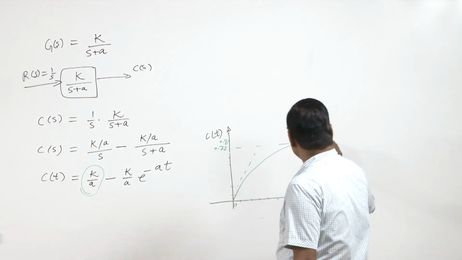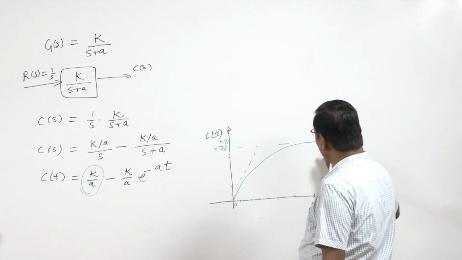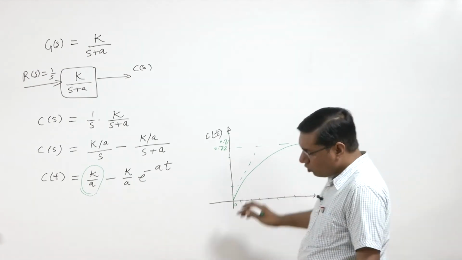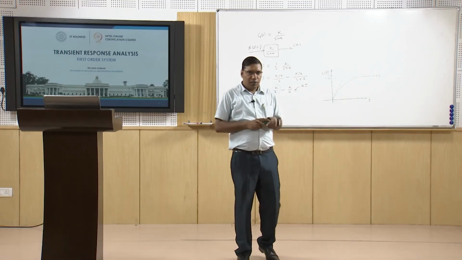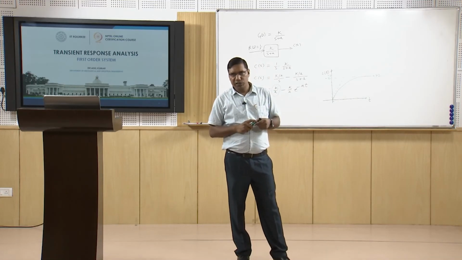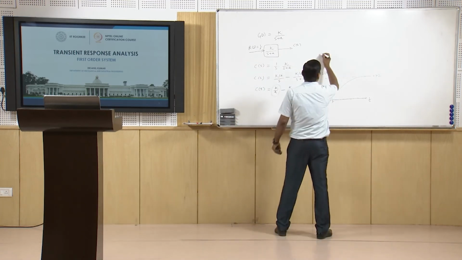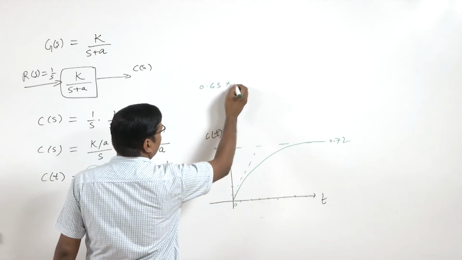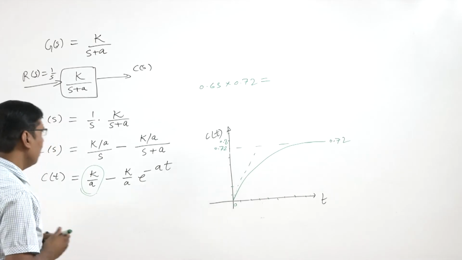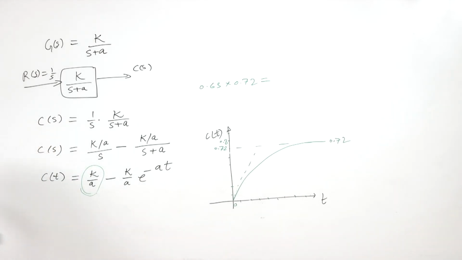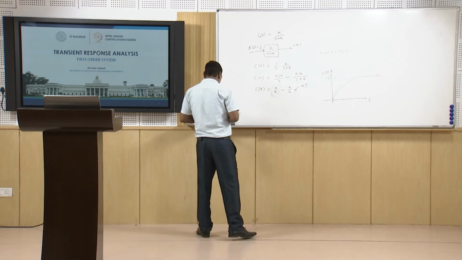So 0.72 is the steady state value or final value, and time constant we want to find. So time constant is the time when the response reaches to 63% of the final value. So 63% of the final value we can find.